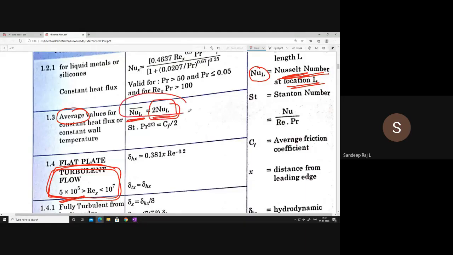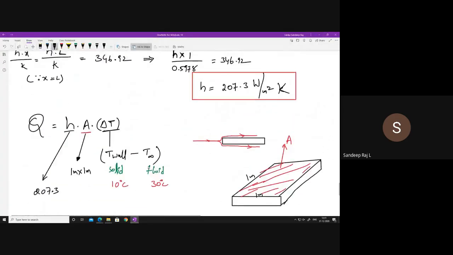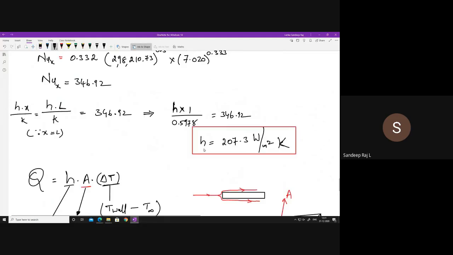This formula you have to take care of in the calculation. While calculating the H, the H that you have calculated here is a local H. But if you need the average H value, H average will be equal to 2 times the H local.